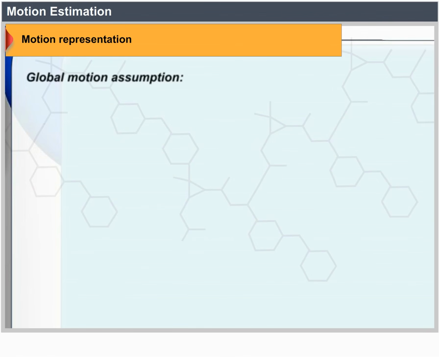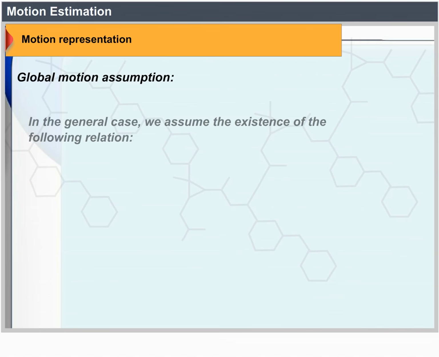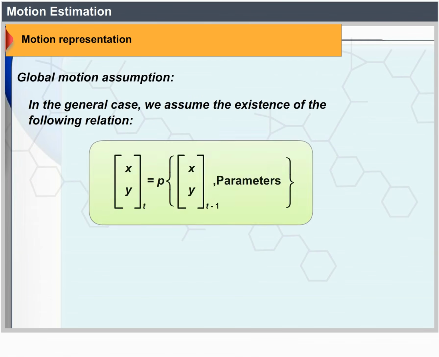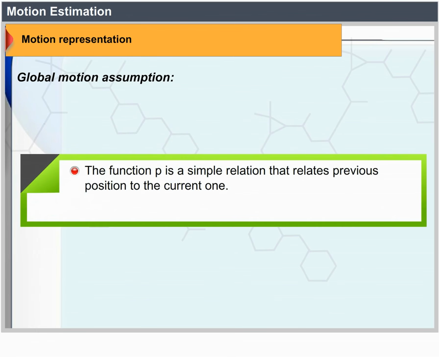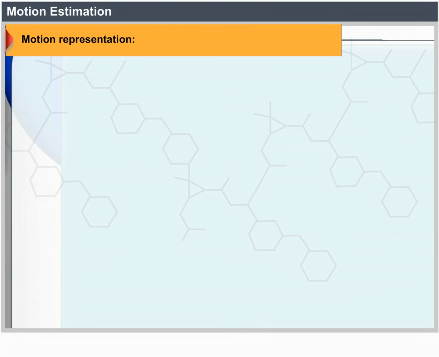Global motion assumption. In the general case, we assume the existence of the following relation. The function p is a simple relation that relates the previous position to the current one. A set of parameters governs a specific type of motion. We can now see on the screen different representations of global motion.